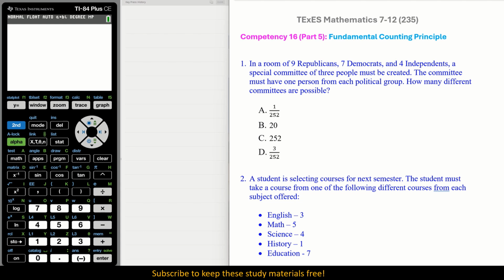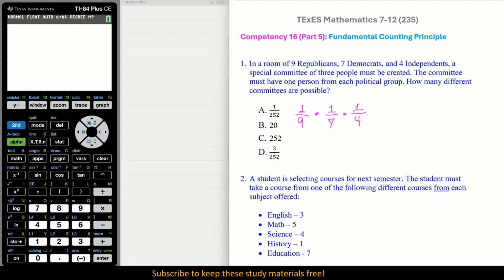So for the first group, we would take 1 out of the 9. And for the next group, 1 out of 7, that would be the Democrats. And for the Independents, 1 out of 4. If we multiply these together, we would get a probability.